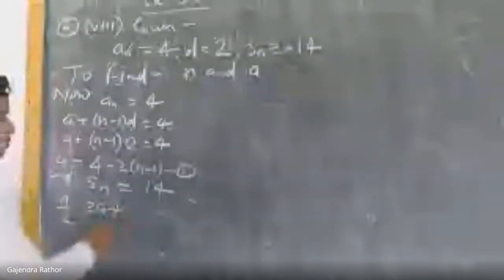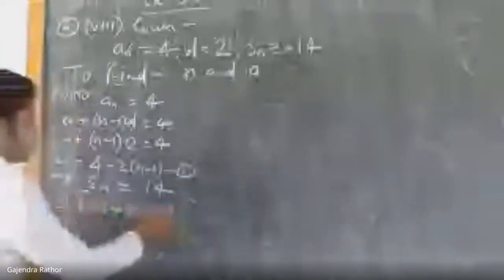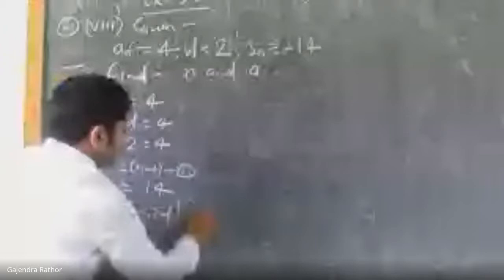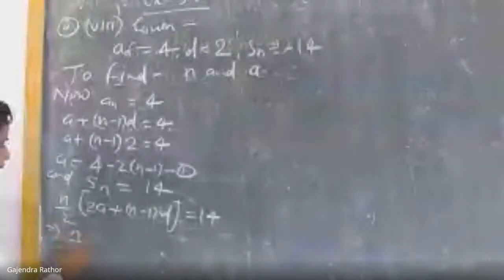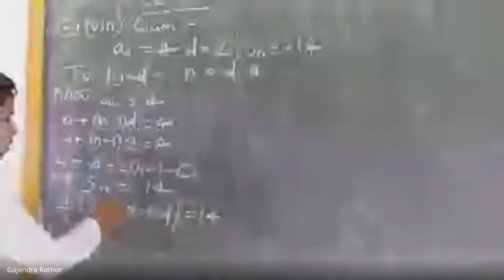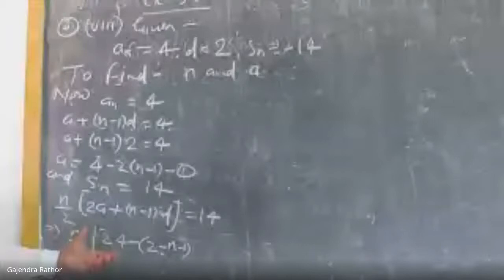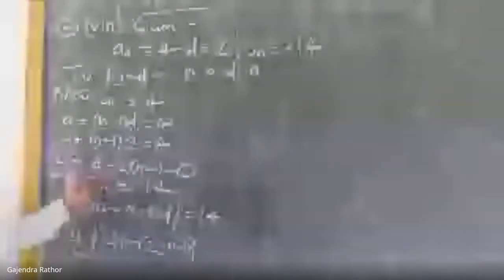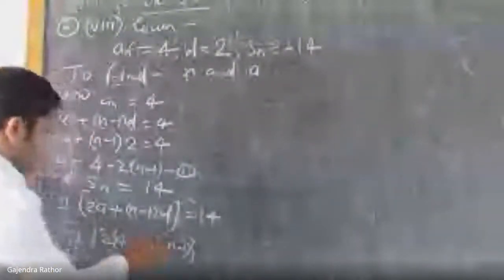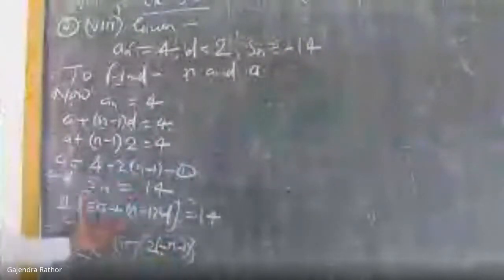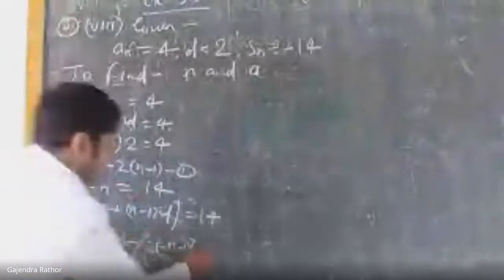We can write according to the formula n by 2 into [2a plus (n minus 1) into d] is equal to minus 40. We place the value of a from equation number 1, 4 minus 2(n minus 1), so this is the value of 2a.